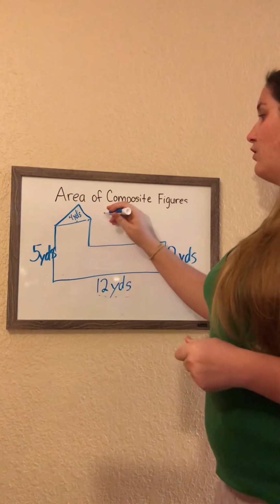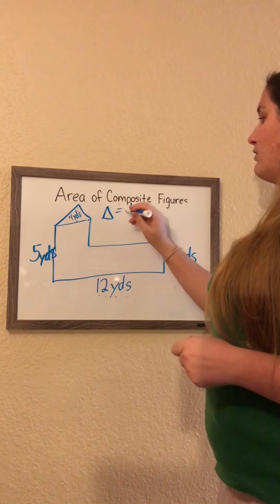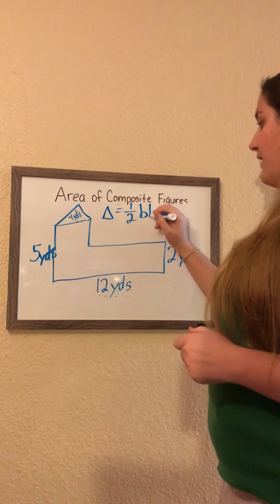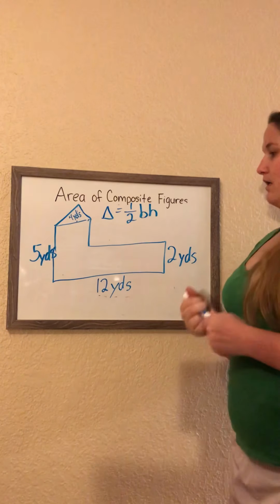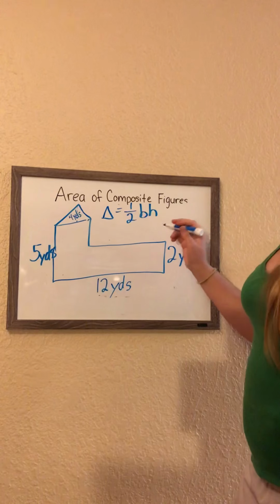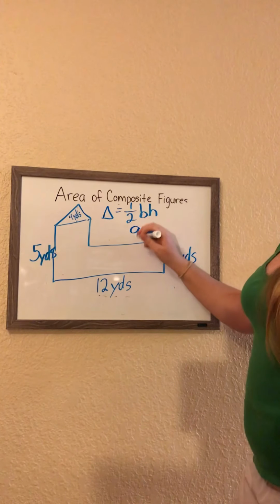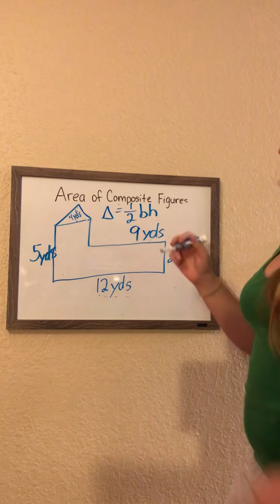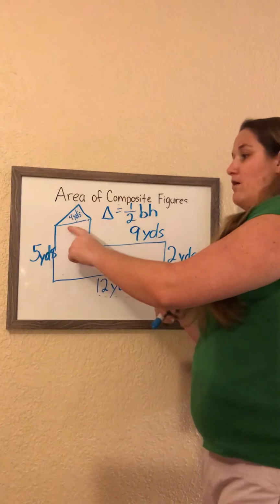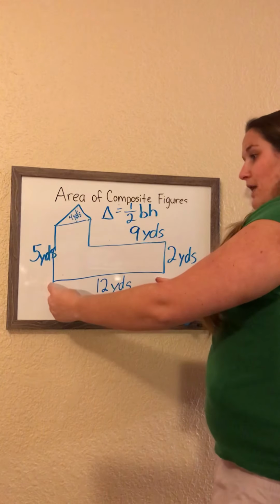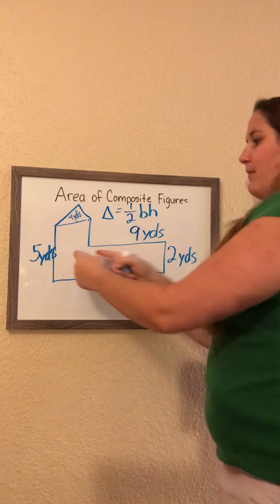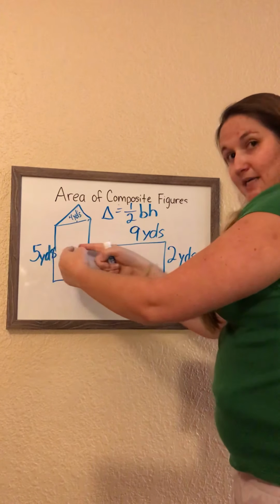So first of all, in order to find the triangle, that's equal to 1/2 base times height. Now, the base of this triangle, oh, I need one more piece of information, I'm sorry. Let's call that 9 yards. The way we would find that width is by doing this whole length minus that length, because that'll give us what this spacing is here.